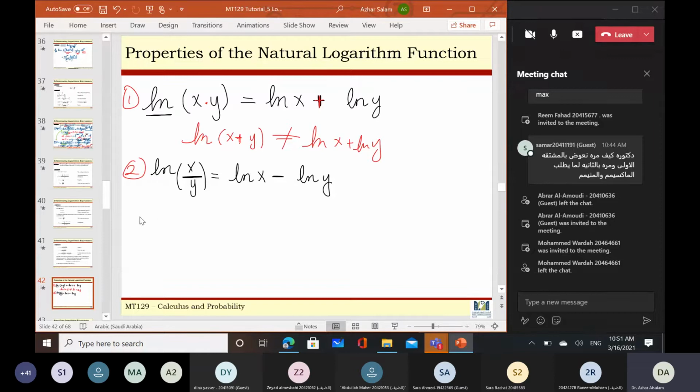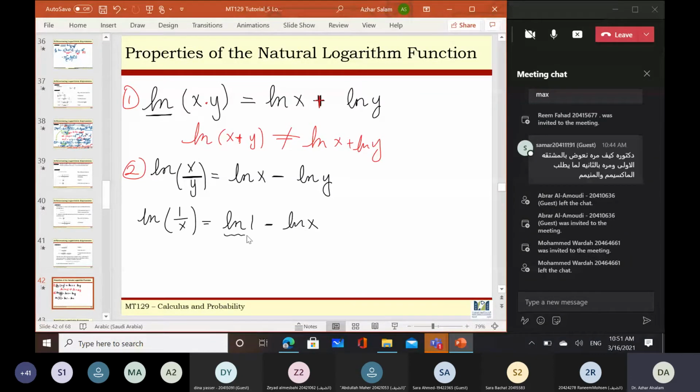Here I can apply it on ln of 1 divided by x. Since this occurs very much, I will apply the ln to the numerator minus the ln of the denominator, which is ln 1 minus ln x.